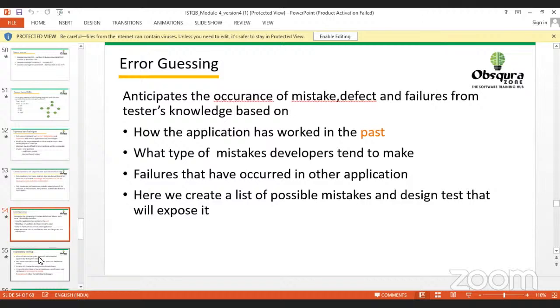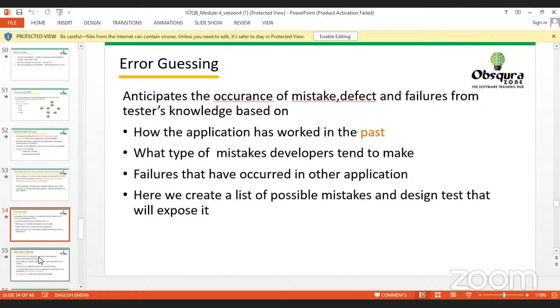Okay, the failures that have occurred in other applications. In one organization you might have worked on a similar e-commerce application. Now you have moved on to another team, and here they are also using an e-commerce application. The application may be customized for different users, but the underlying principles may be the same, right?